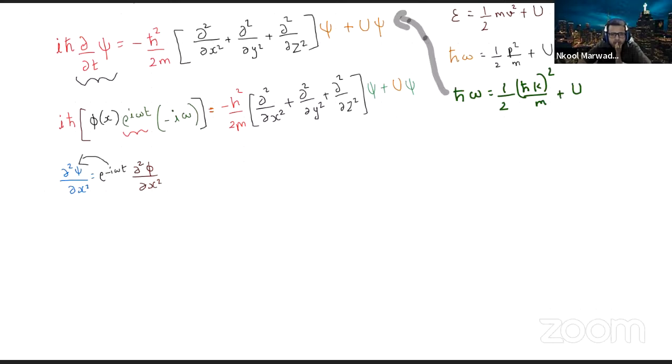Then it will become e to the power of i omega t. This will be as it is, and this will be 1 upon del square phi upon del x.